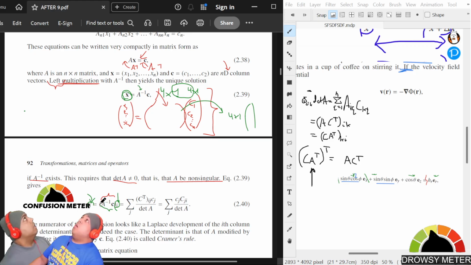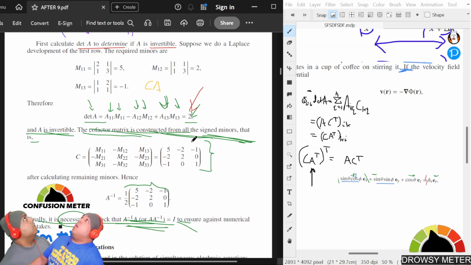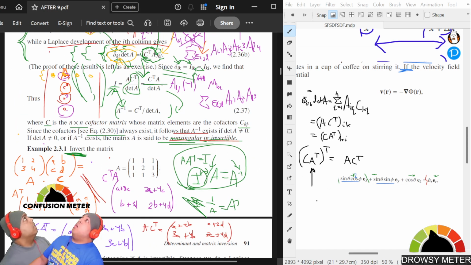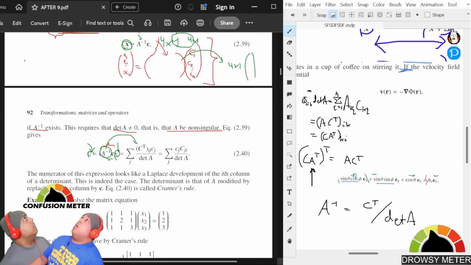We're just shoving our equation of an inverse back over here. The inverse of A equals the cofactor matrix transpose over the determinant of A. So we just shove that in over here.